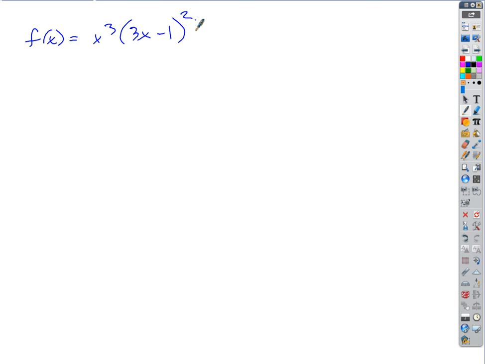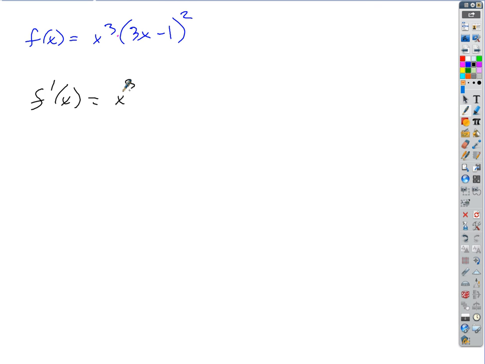There's a times sign between those two factors, so I've got to use the product rule, u times v. So when I do the derivative, what's my derivative going to be? u v prime, what's that going to look like? X cubed is my u. V prime is, that's v, I've got to take the derivative of all that.